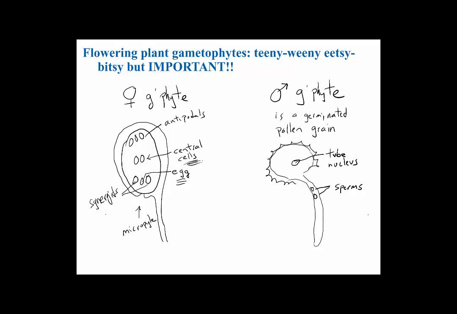The egg is haploid, and so are the central cells. The sperm is haploid. And central cells, there's two of them. And egg, there's one of them. And sperm, there's two of them. So we're kind of setting up the stage here for like some kind of drama. It turns out in flowering plants there's this thing called double fertilization. And it turns out that there are two sperm in each pollen grain.